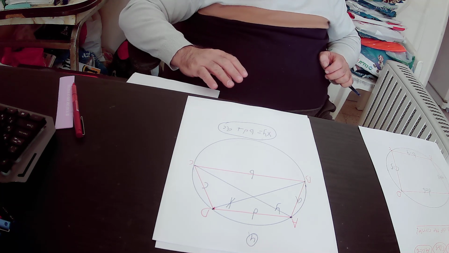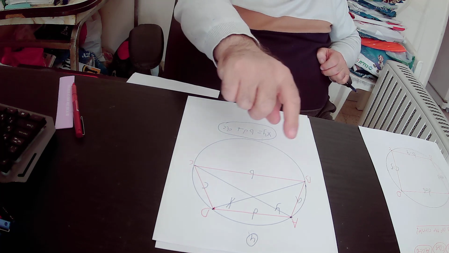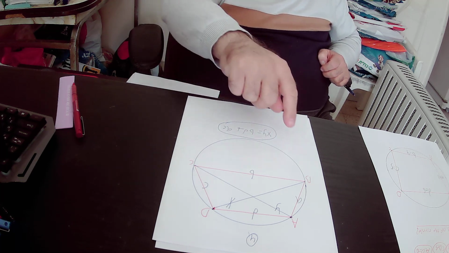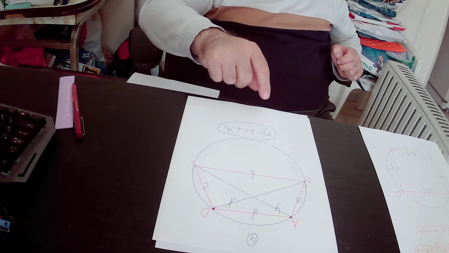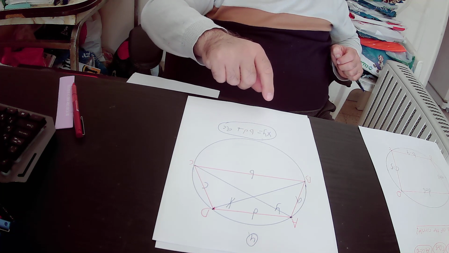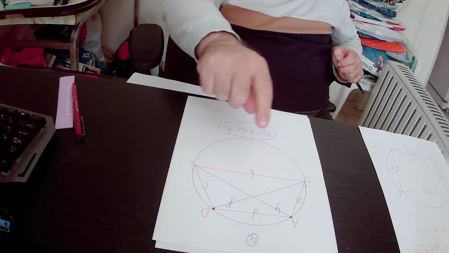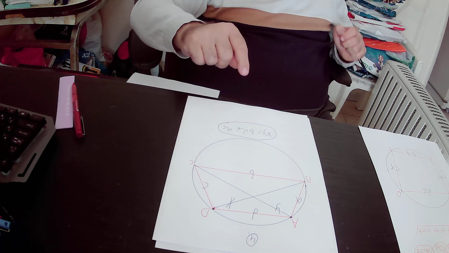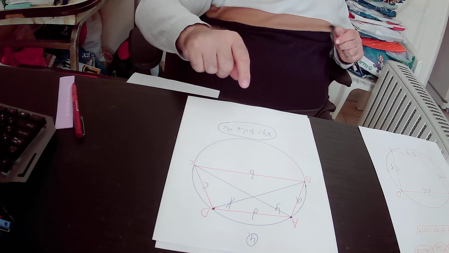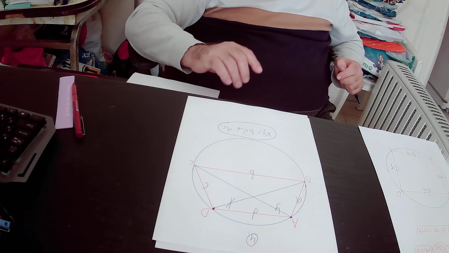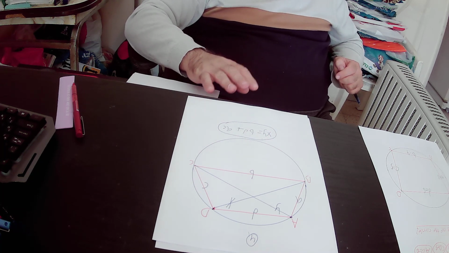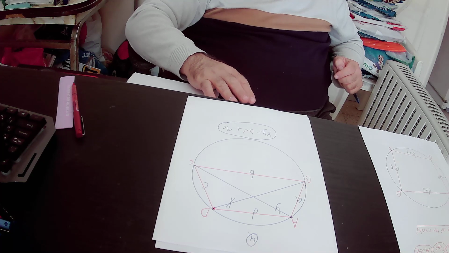So whenever you have a quadrilateral that is inscribed in a circle like in this drawing, the product of the quadrilateral's diagonals, x times y, will be equal to the sum of the products of its opposite sides. This is the meaning of rule number 2.